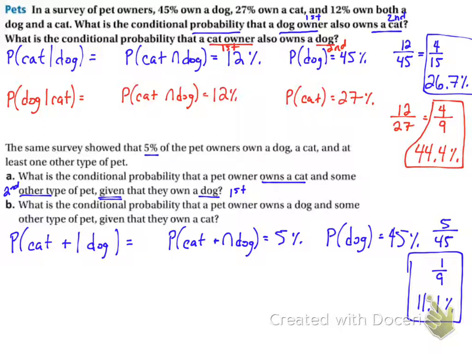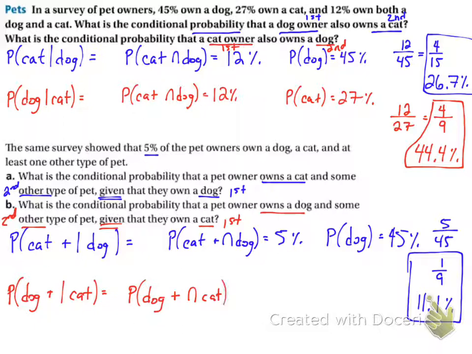And then the second problem, same thing, still finding conditional probability. See that we're given in there, so cat is what I care about first, and then owning a dog and some other type of pet is what I care about second. So probability of dog and something else, given first that they own a cat. So the probability of a dog plus something else and a cat is still going to be that 5%.